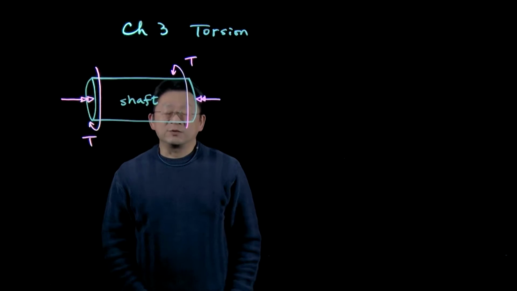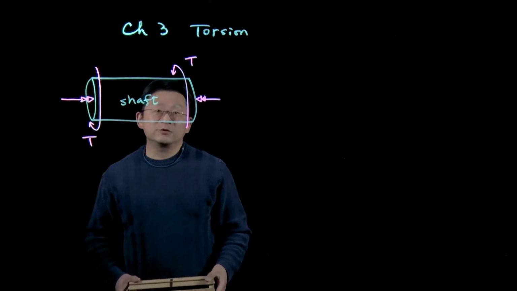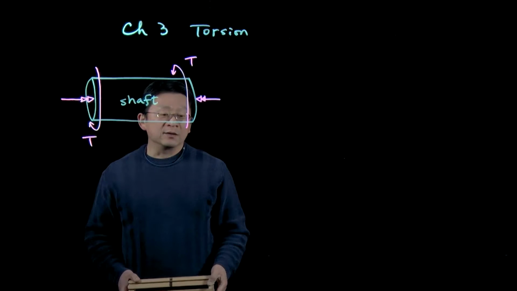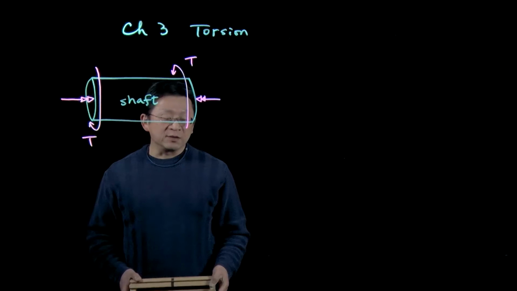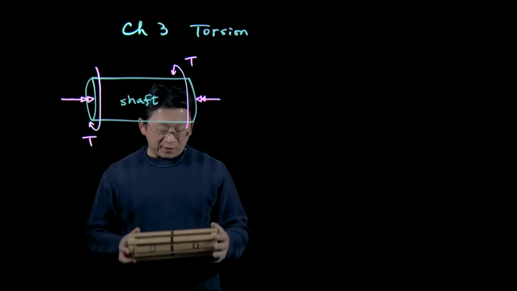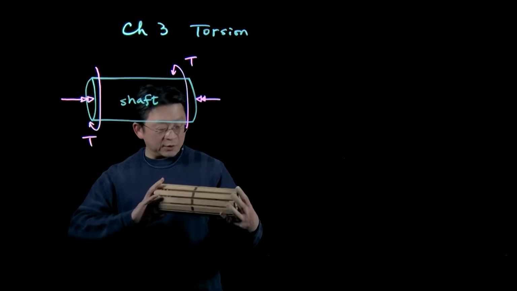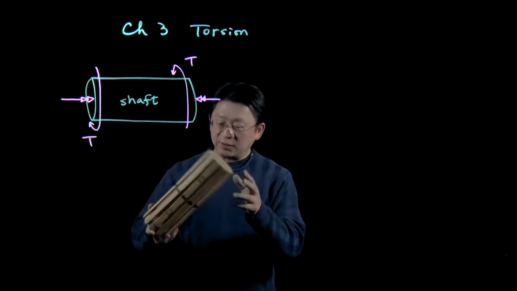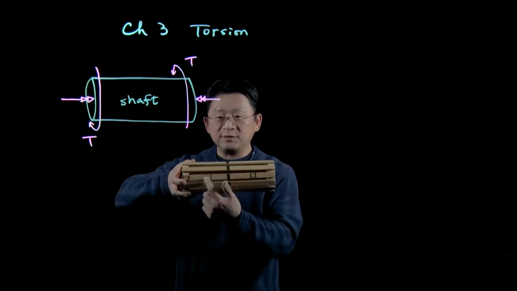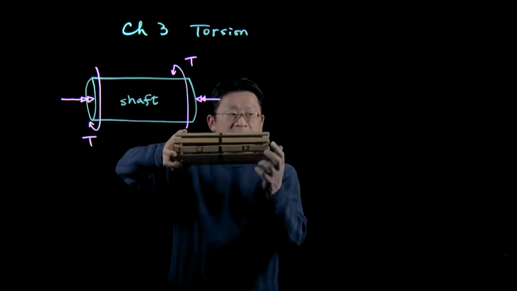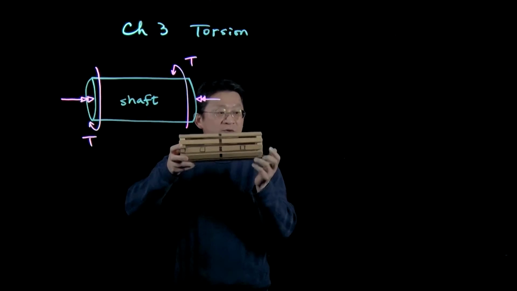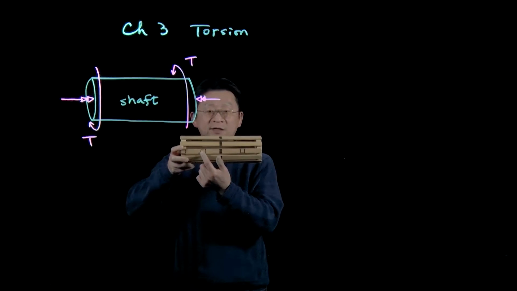To study the response of this shaft to loading, again we want to see how the material deforms. Here I picked up a small model, and on the top I put squares, and if you can see this clearly, I put square cells here.